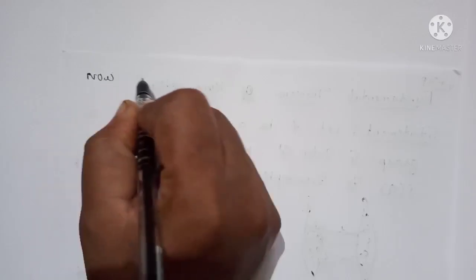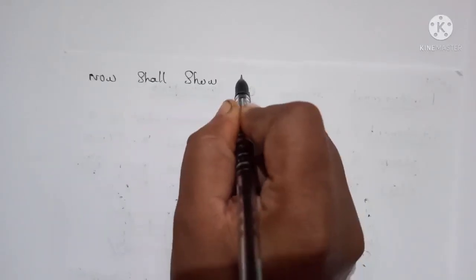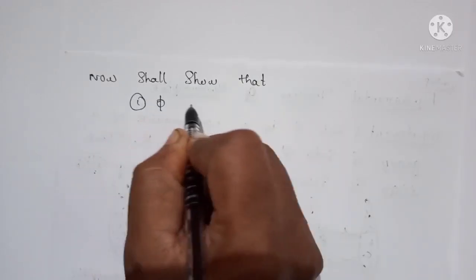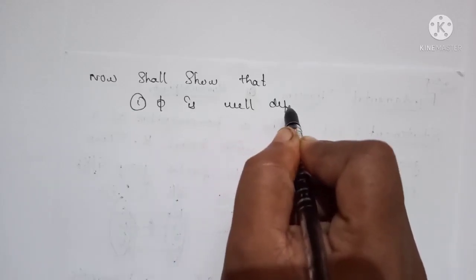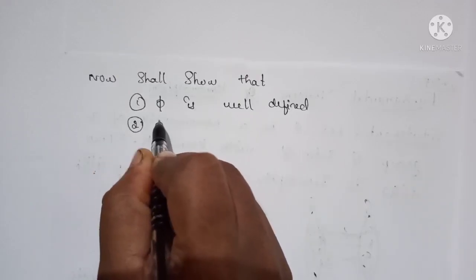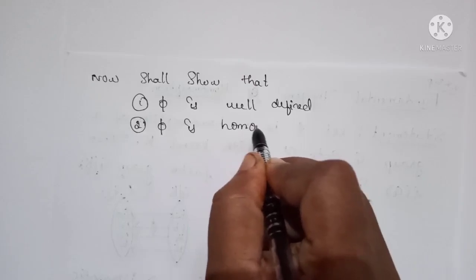Now we shall show that, first one, phi is well defined. Second one, phi is homomorphism, or homomorphic.